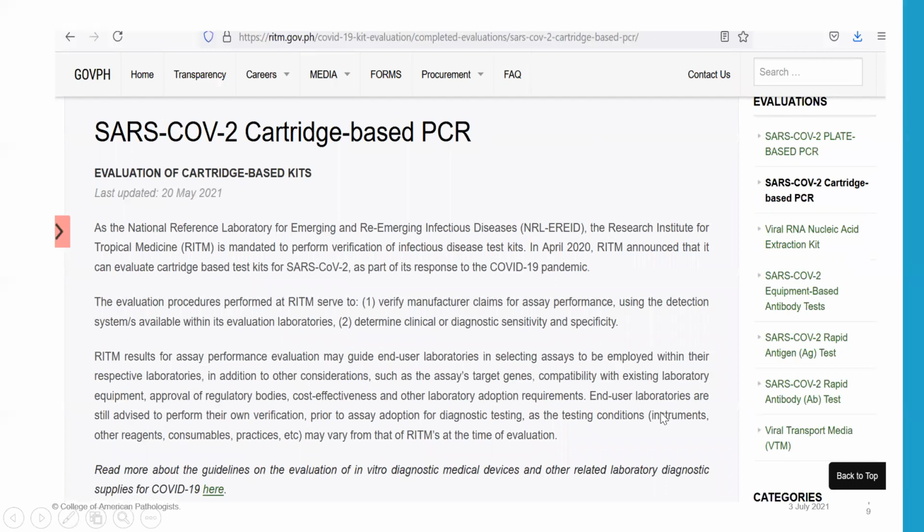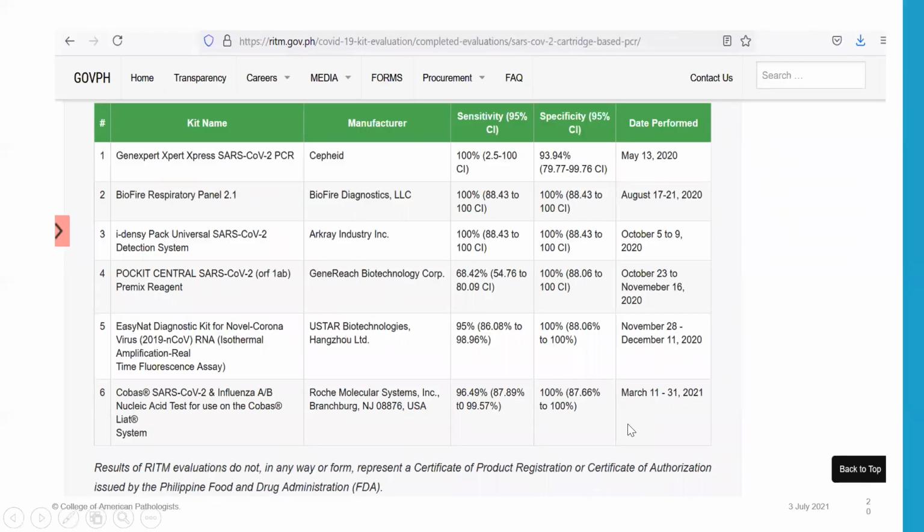And so here you can see the SARS-CoV cartridge-based PCR, and you can see that starting May 2020 to March 2021, only 6 registered for this. And you can see the first one that registered in May was the CFID, which is the GeneXpert.